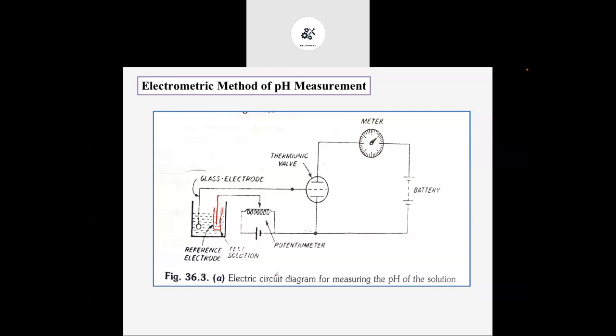We fill this tube with the reference solution. For the reference, we can take a solution whose pH value we already know. So we put that particular solution inside this tube, and we are considering this one as the reference.